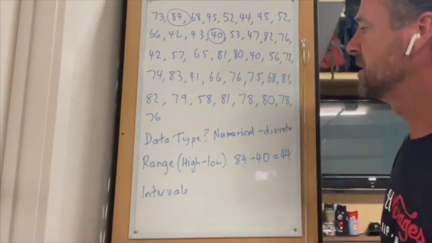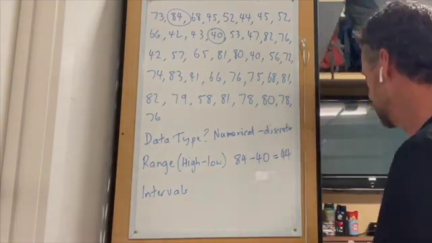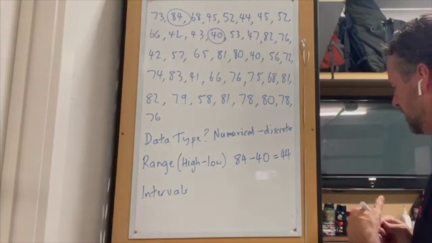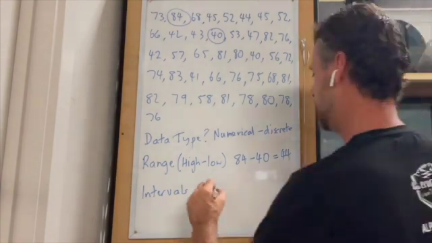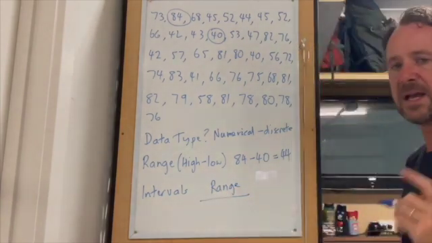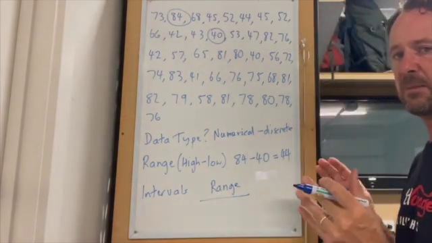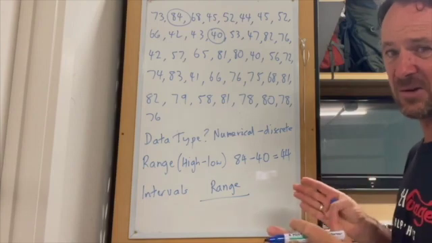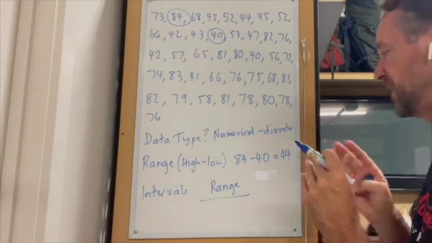So when we look at a data set like this, we take the range and divide it by a number that will give us about 10 or less intervals.